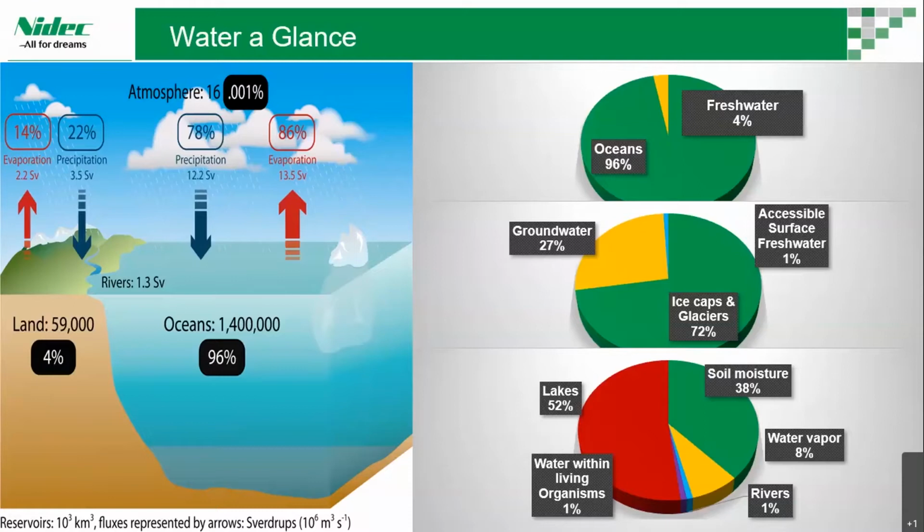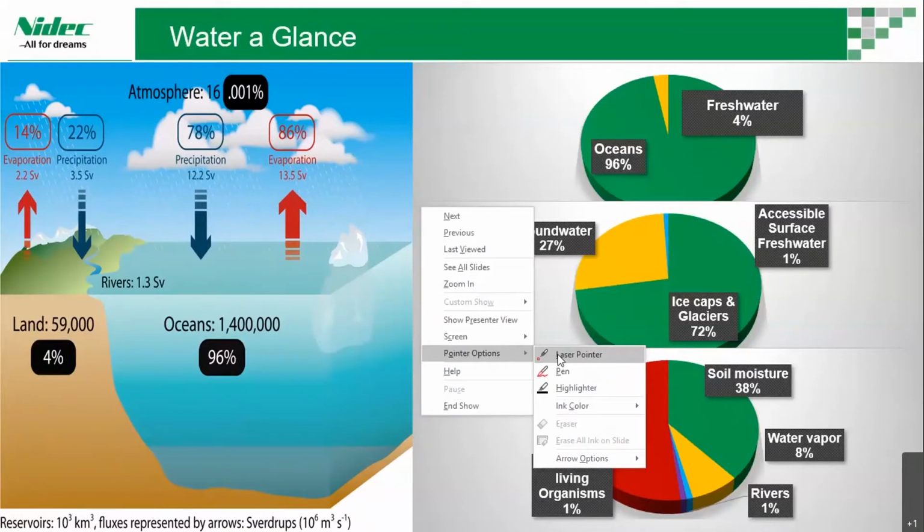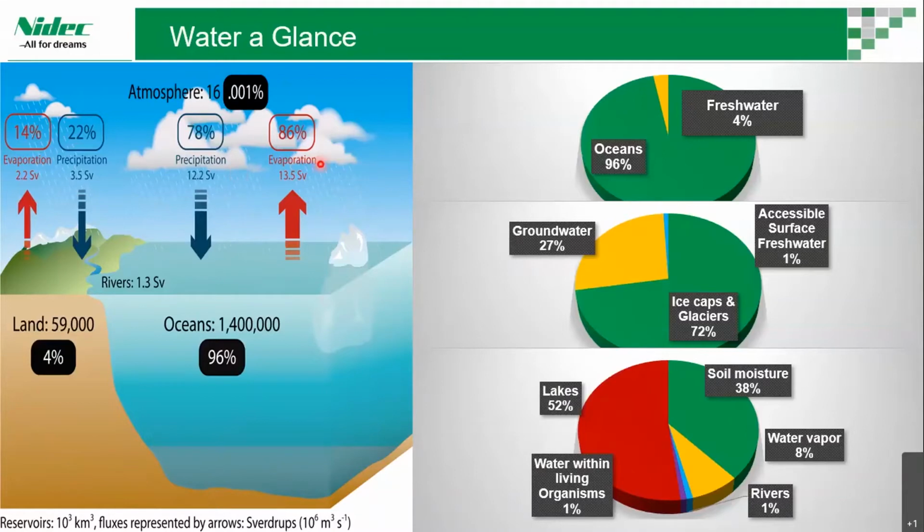Coming to water, one of the most precious resources in the world. The ocean holds 96 to 97% of the water, and land has 3 to 4%. We can see here 86% and 14% on evaporation, 78% and 22% on precipitation, and 0.001% in the atmosphere.